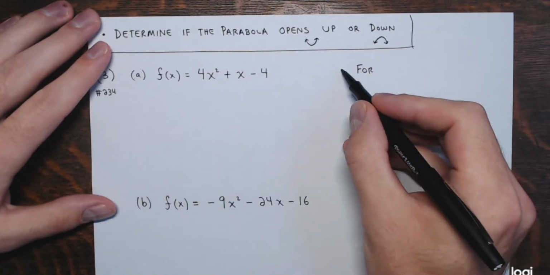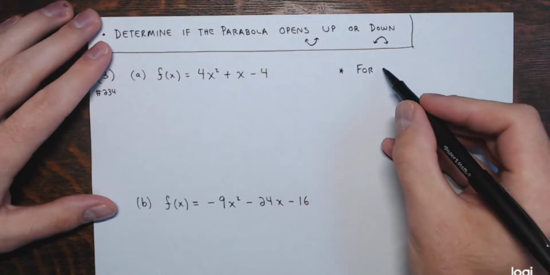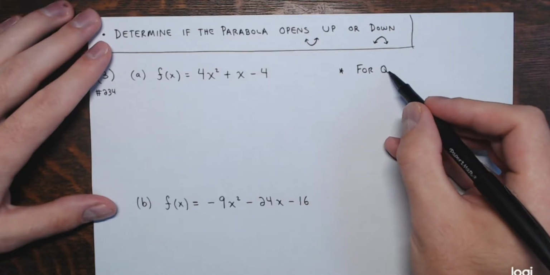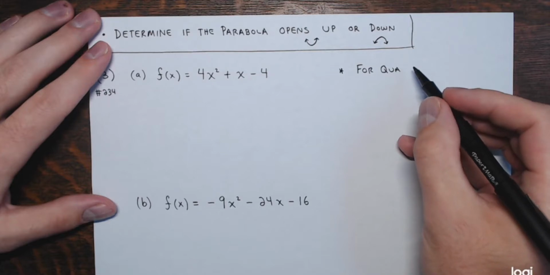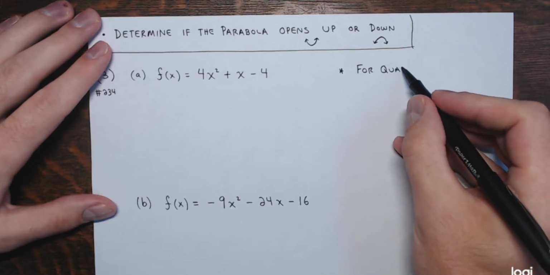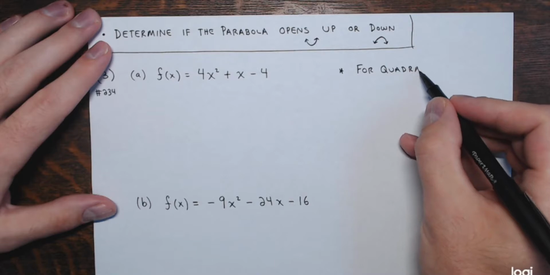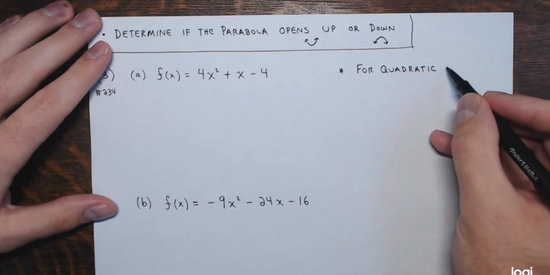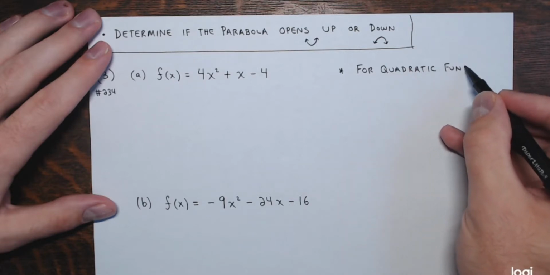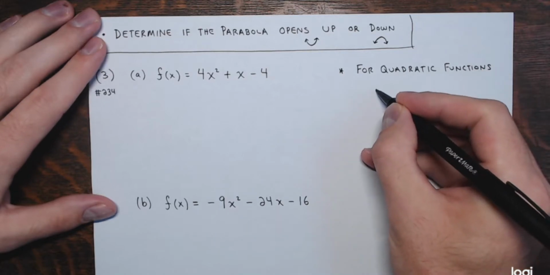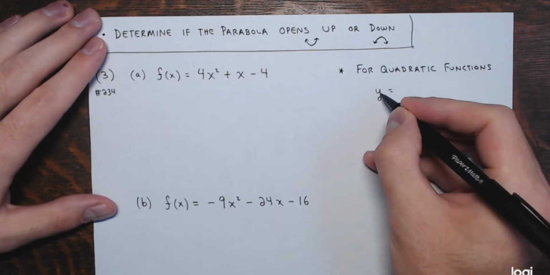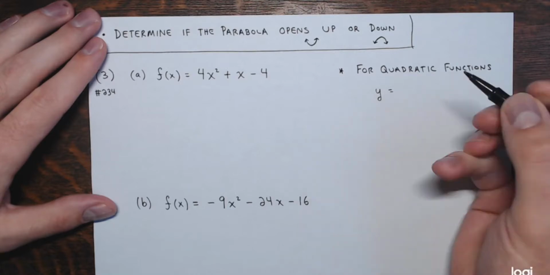So here's all you have to remember. For quadratic functions in standard form or general form, depending on what text you're reading, y equals, it could be f of x, g of x, h of x, y, whatever.